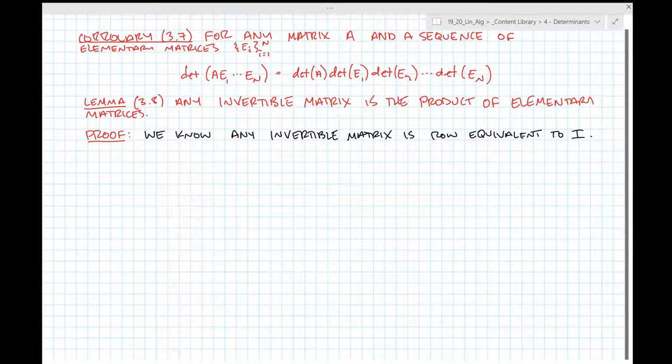That's what we did. So what I could write is: here's A, and I would do one row operation, and then a bunch of, maybe I need n row operations, and that gets me to the identity matrix. So that's something that we know.